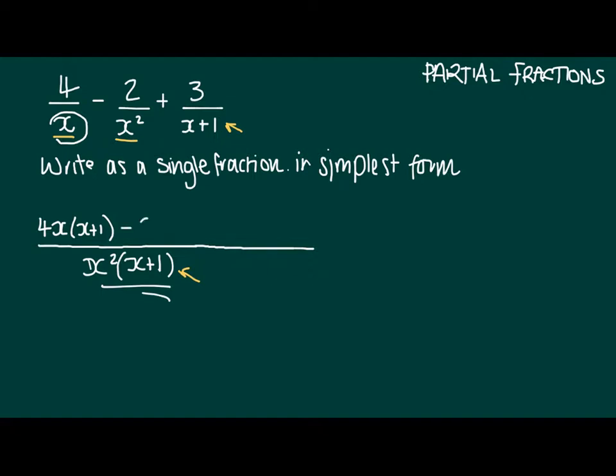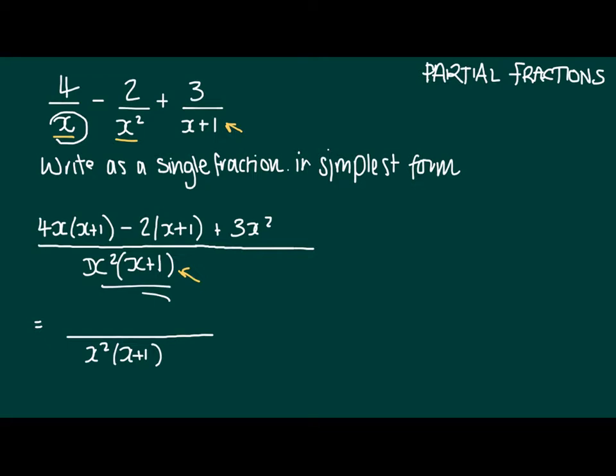Carrying on then, I get 2 times x plus 1 and 3 x squared. If that's gone too fast, check out my video on algebraic fractions. And there is a point to this, so we are getting on to partial fractions. So, simplifying this down, I can't do anything to the bottom, so I'm going to leave the denominator as it is.